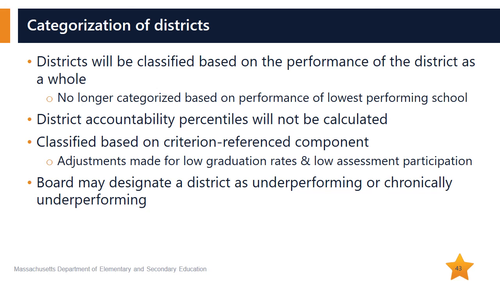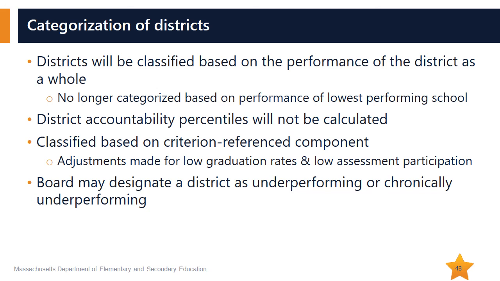The department will not calculate district percentiles for the purposes of accountability reporting. Instead, districts will be classified based on how they do against district-level targets using just the criterion-referenced component of the system. Some adjustments will be made for districts with low assessment participation rates or low graduation rates at the district level, as you'll see in a moment.